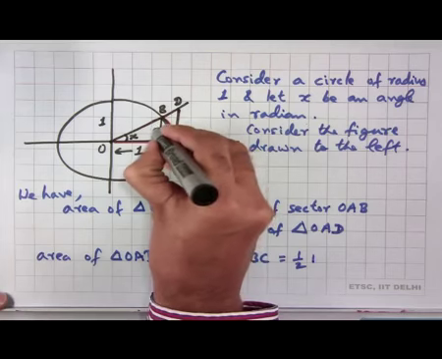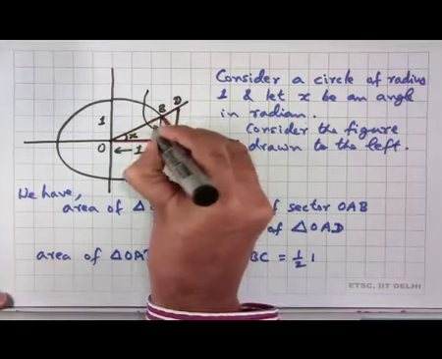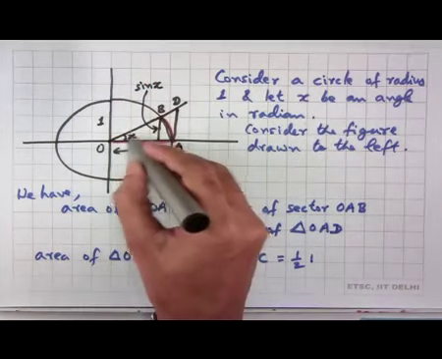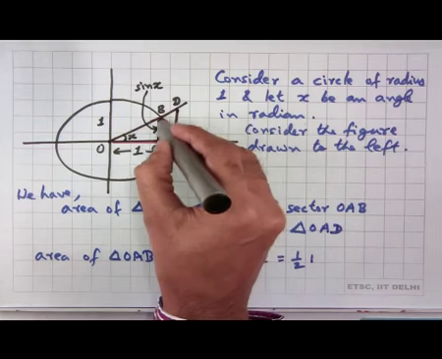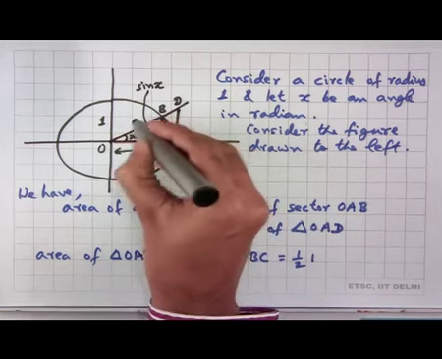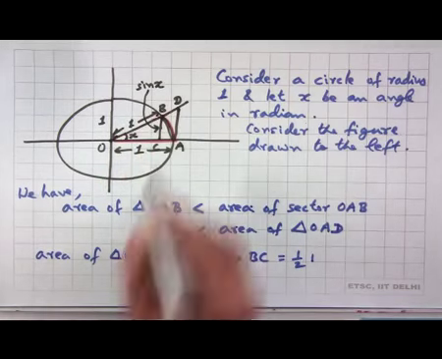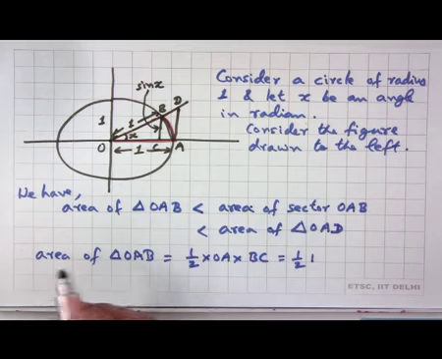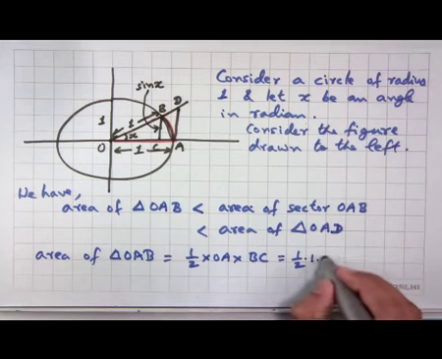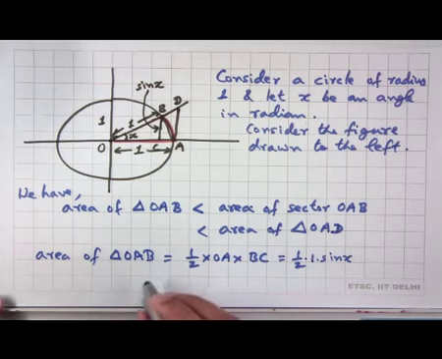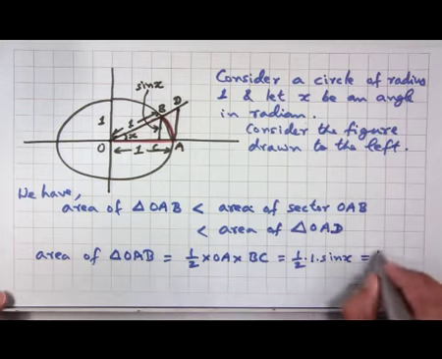So, this length BC is nothing but sin x, right. Sin of x is the ratio of the opposite side and the hypotenuse, which is 1 here. So, sin x is BC divided by 1. So, BC is equal to sin x. So, this is half times 1 times sin x. So, we get area of triangle OAB is equal to half sin x.